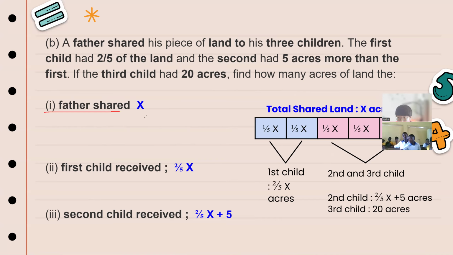The way we approach this problem is that the first child had 2/5 of the total land.